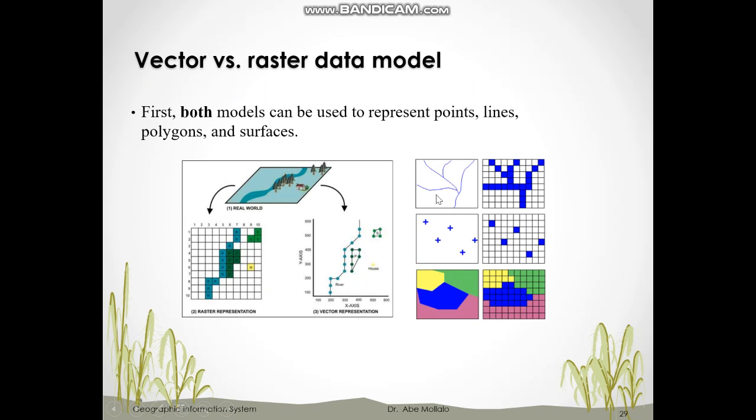Okay, so here you can see that when we use the raster data model to show this feature, it's stair-like, right? Because the boundaries are recorded as cells. And for the vector data model, you can see that it is very excellent for displaying object features, which have discrete boundaries.